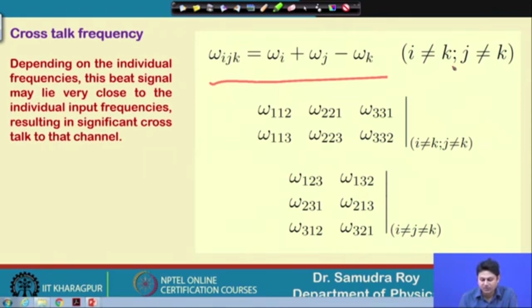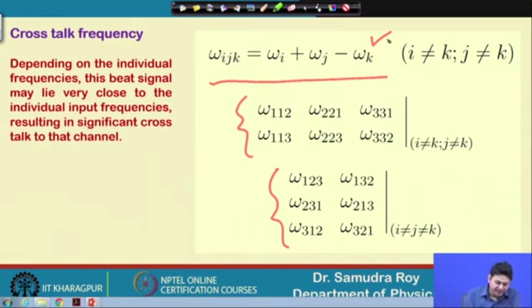I have 6 combinations: omega 112, omega 221, omega 331, omega 113 and so on. And another combination we also have if all these 3 frequencies are distinct, so i, j, k are not the same as each other. They will have another 6 combinations. So, in total 12 combinations one can have with this equation if I change i, j, k from 1 to 3.